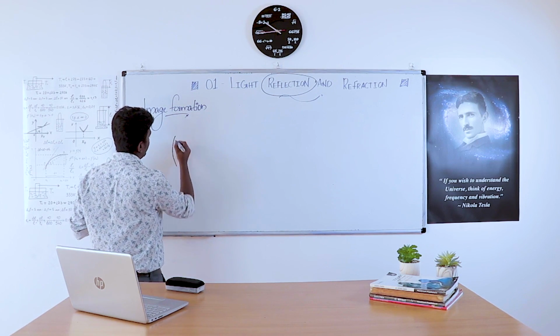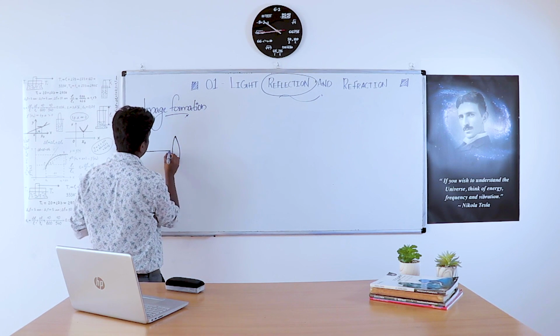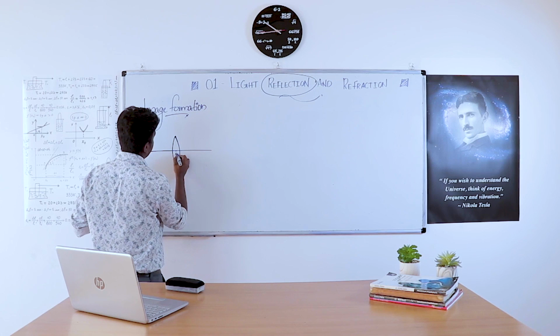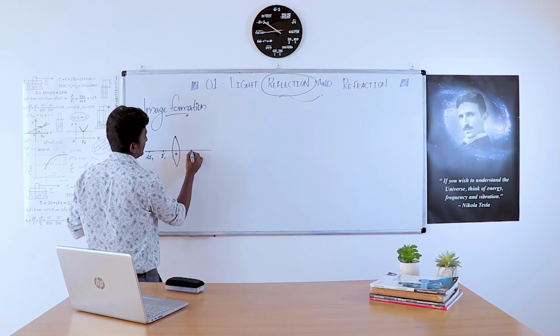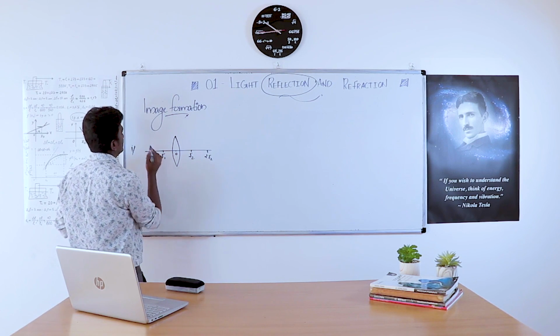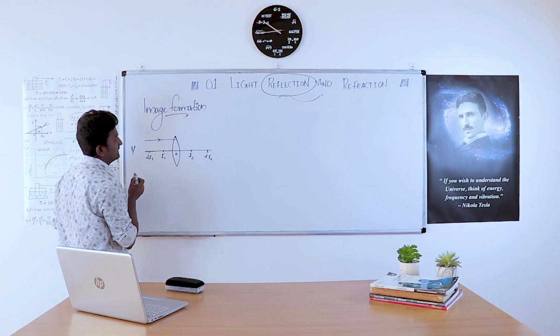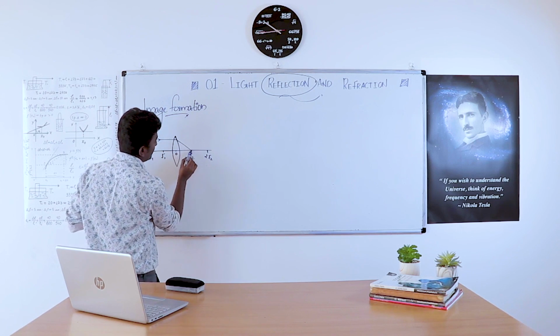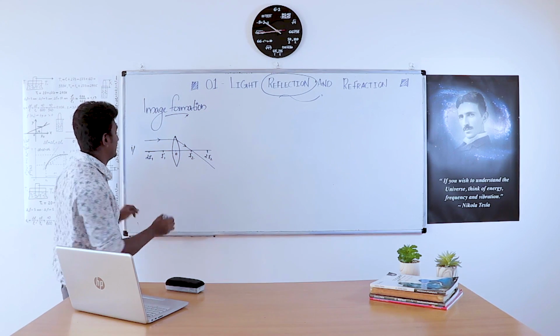So we can draw, in case of a convex lens, optic center, F1 to F1, F2 to F2. This is the case of a convex lens.